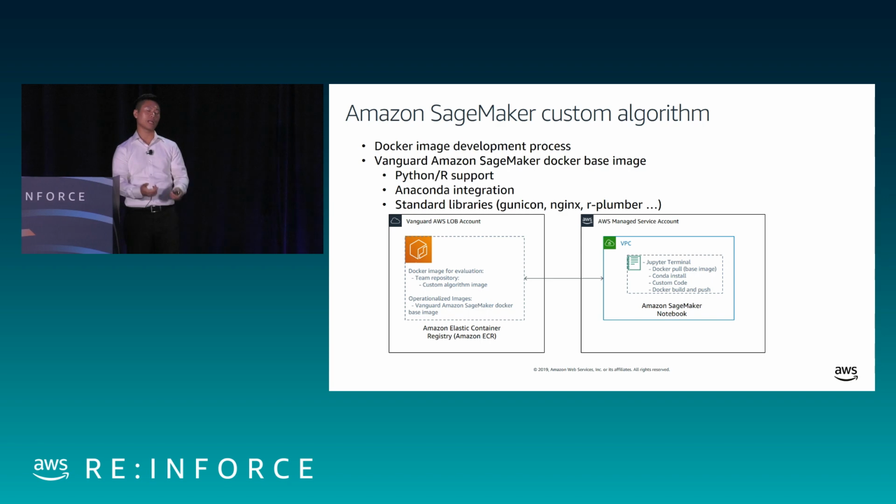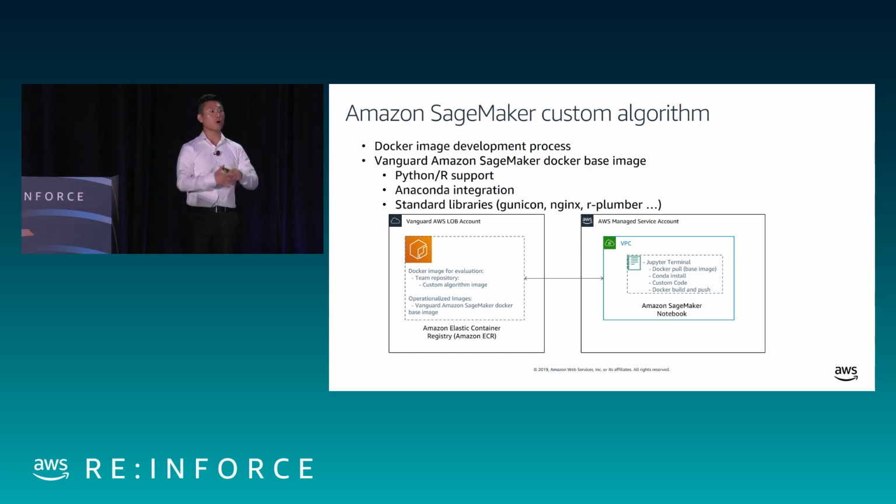Those libraries allow you to serve the model. So from that base image, the data scientist can use the Jupyter Terminal to do a Docker pull, do the conda install, write the custom config and custom code, and do a Docker build and Docker push right from the notebook.